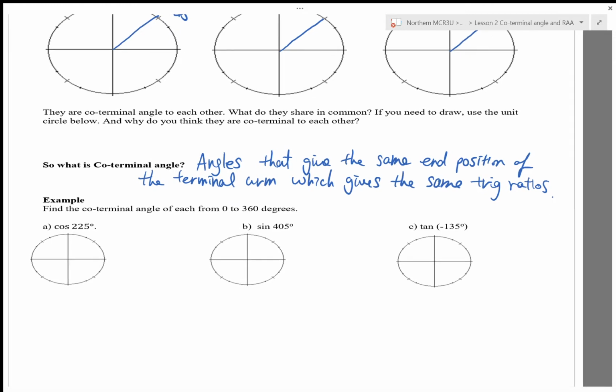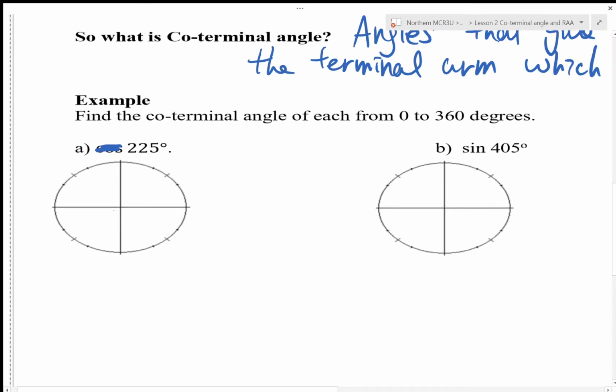So in the example here, find the coterminal angle of each from 0 to only 360 degrees. I restricted that from 0 to 360 because there are an infinite number of coterminal angles. Now ignore that cosine here. So if you're looking at 225, 225 is 180 plus 45 degrees. So the arm is right here. Actually, let's change this to 360 to 720.